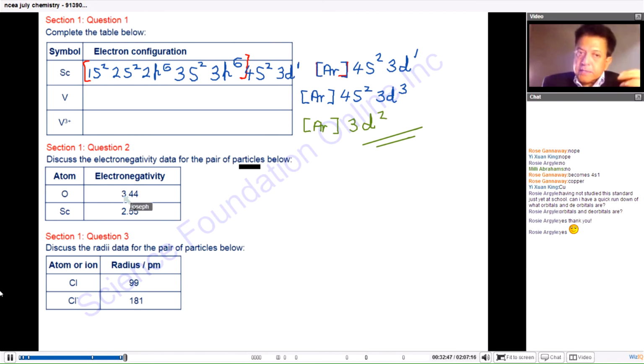So it's hardly surprising that oxygen has a much greater electronegativity, which is oxygen is a very powerful non-metal, whereas scandium is a metal, and it's reasonable to expect these. Now, when we discuss something like this, we need to look at their positions in the periodic table to then answer it in terms of their atomic structure. So let's look at our periodic table and focus on the positions of oxygen and scandium.